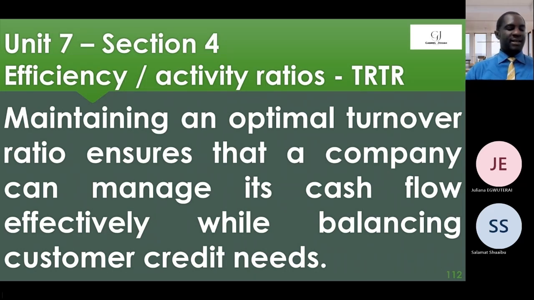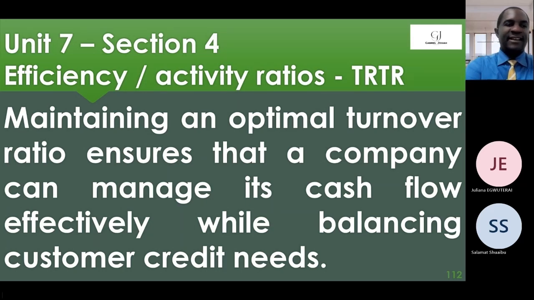Exactly. So balance. In fact, in all the ratios, in your interpretation, you should use keywords like balance. Balance will help you earn marks, because in all the interpretation of the ratios, I notice balance keeps resurfacing. So take note of that word and use it in the interpretation of your ratios.